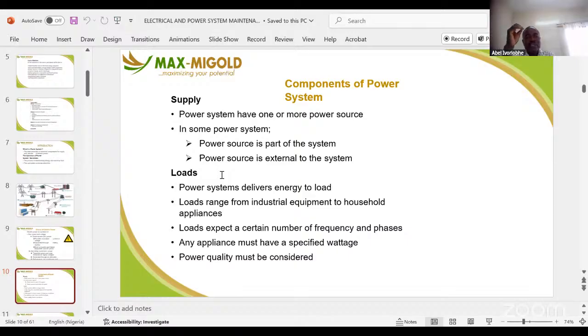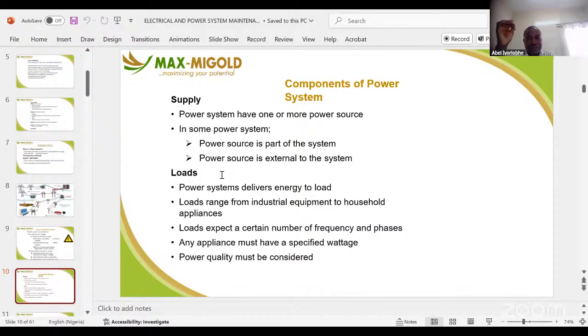So the operating frequency in Nigeria is usually 50 hertz, while the operating voltage in Nigeria is between 220 and 240. Anything outside this is regarded as abnormal voltage. So loads are expected to run at this value.